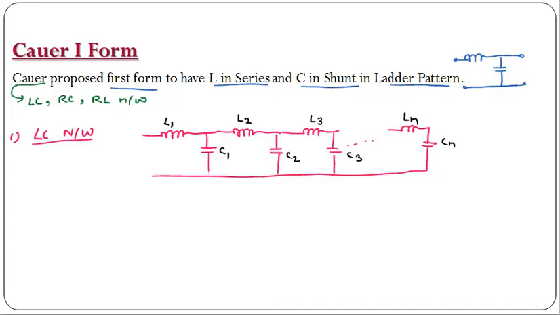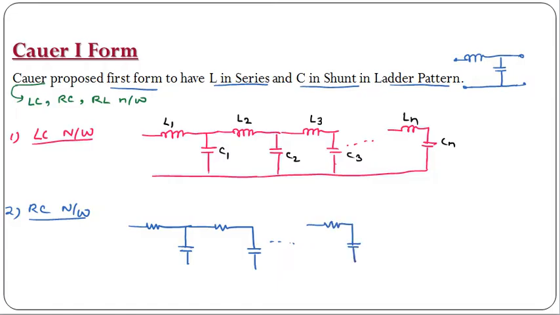Similarly, we can draw the general circuit for the RC network. In the RC network we have a resistor and capacitor. The capacitor will always be in the shunt branch, so the resistor will come in the series branch. This pattern will keep on repeating.